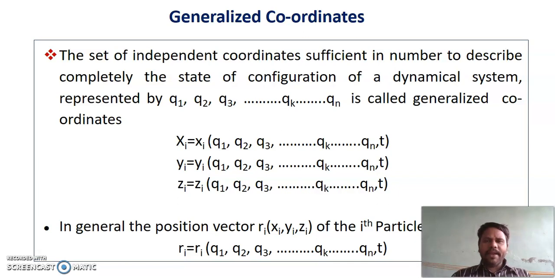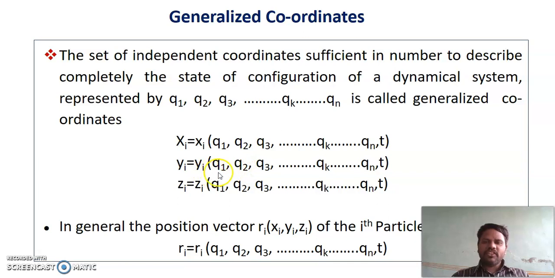the set of independent coordinates which are sufficient in number to describe completely the state of configuration of a dynamical system, represented by q1, q2, q3, and so on up to qn, is called generalized coordinates. The Cartesian coordinates can be expressed in generalized coordinates as x as a function of q1, q2, q3, up to qn.